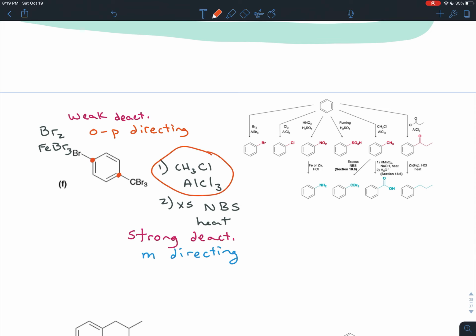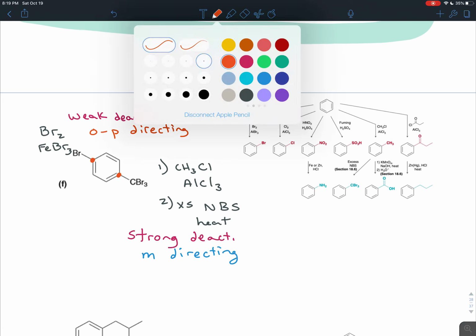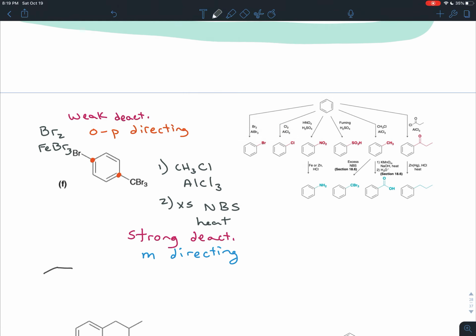Now you could actually do this one other way. You could add the methyl group, that's an alkyl group which is ortho-para directing, and then you could add the bromine, and then you can add the NBS. But for simplicity's sake, we'll just work with the bromine, which we know is ortho-para directing. So we have benzene, add the bromine, that bromine is ortho-para directing.